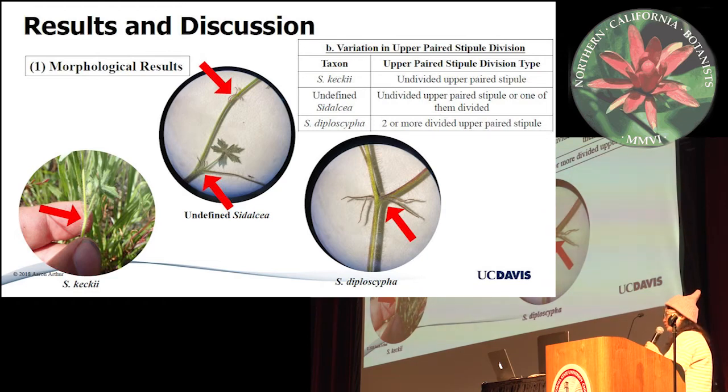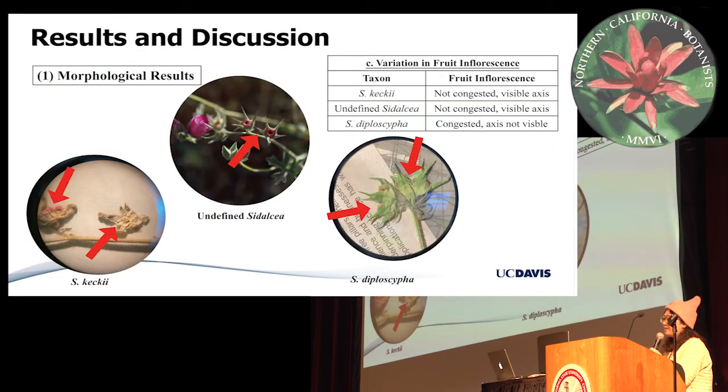From these 2 characters, we can see that there may be support for hybridization, because they are kind of intermediate between these 2 species. Then we also found another morphological character, variation in fruit inflorescence.